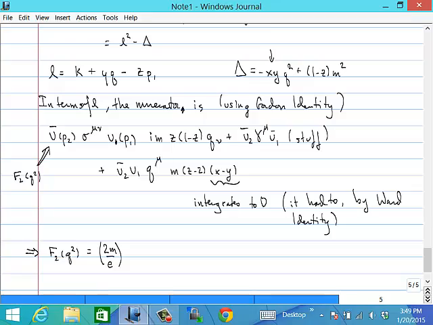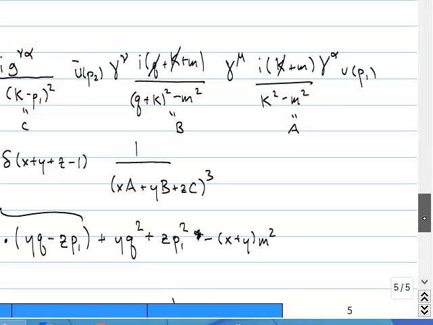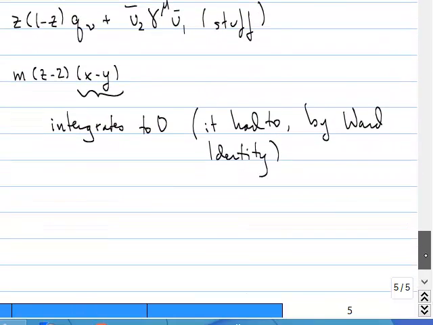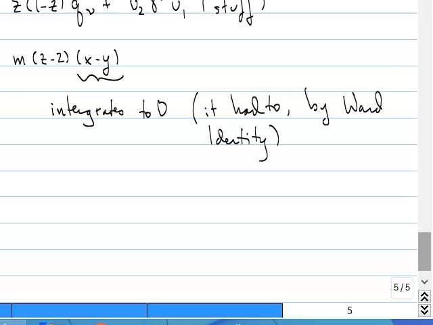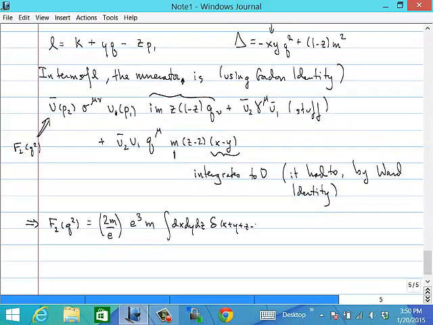And then if you put together all of the terms that I wrote down above, let's see, you get an e cubed, and then you have this term. There's a factor of m we can pull out front. And then you had an integral dx, dy, dz times this delta function that says x plus y plus z equals 1.